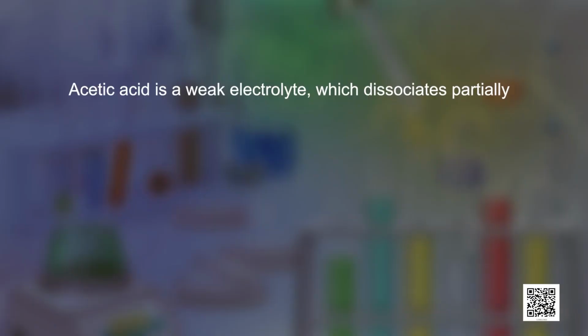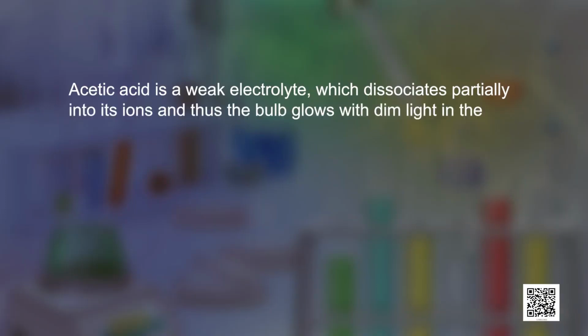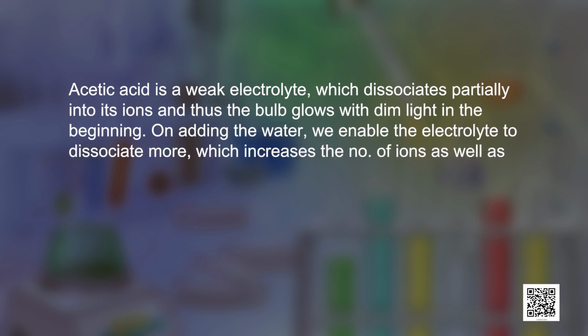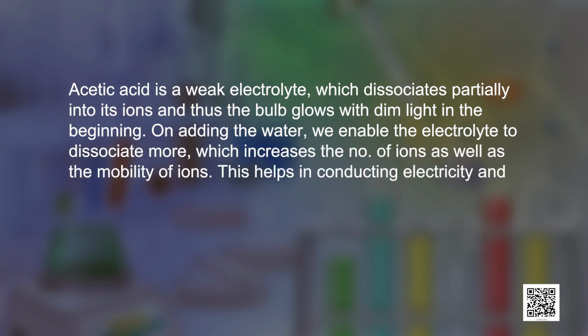Acetic acid is a weak electrolyte which dissociates partially into its ions, and thus the bulb glows with dim light in the beginning. On adding the water, we enable the electrolyte to dissociate more, which increases the number of ions as well as the mobility of ions. This helps in conducting electricity and the bulb glows gradually brighter.